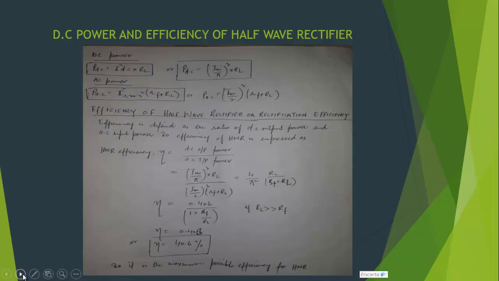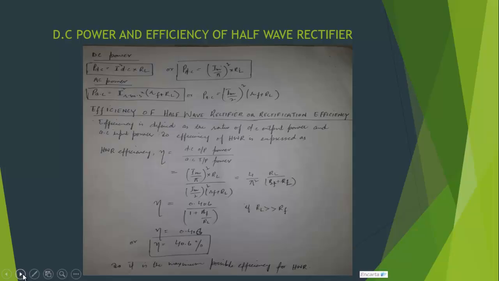P DC is equal to I square DC into RL, and AC power PAC is equal to I square RMS into RF plus RL. So from these two equations we can get the expression for DC power and AC power.